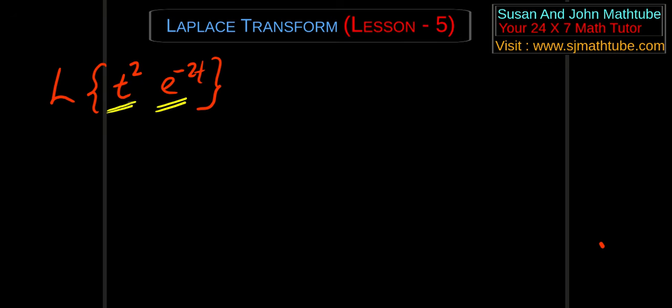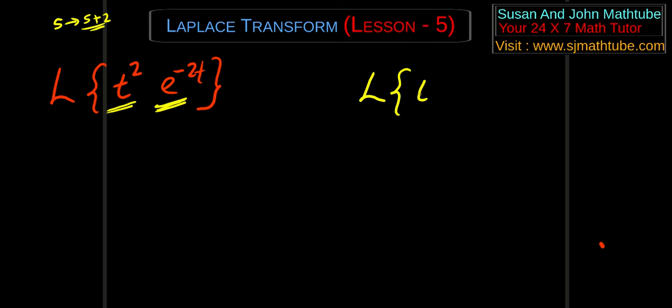Multiplication with t to the power tells you to differentiate 2 times. And the property of e to the power simply says replace s with s plus 2, because it is actually minus 2 over here. So you are allowed to apply any method you like. Anyway, I don't feel like differentiating now.